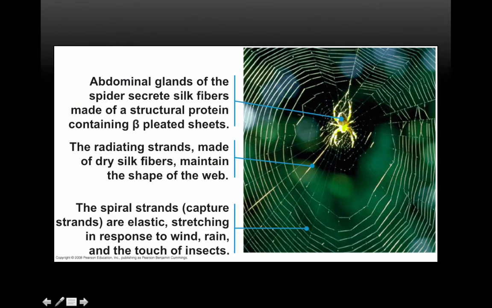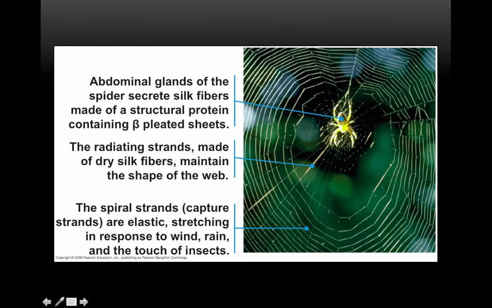The radiating strands of the spider silk maintain the shape of the web, for one, but also they are very elastic. They stretch in response to forces such as strong winds, rain, and even the touch of very large insects. Spider silk is an amazingly tough protein because of its three-dimensional structure.